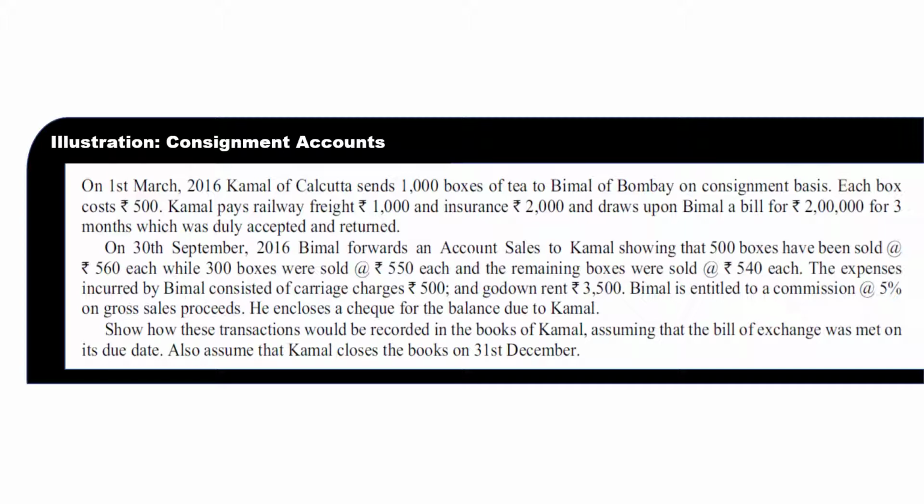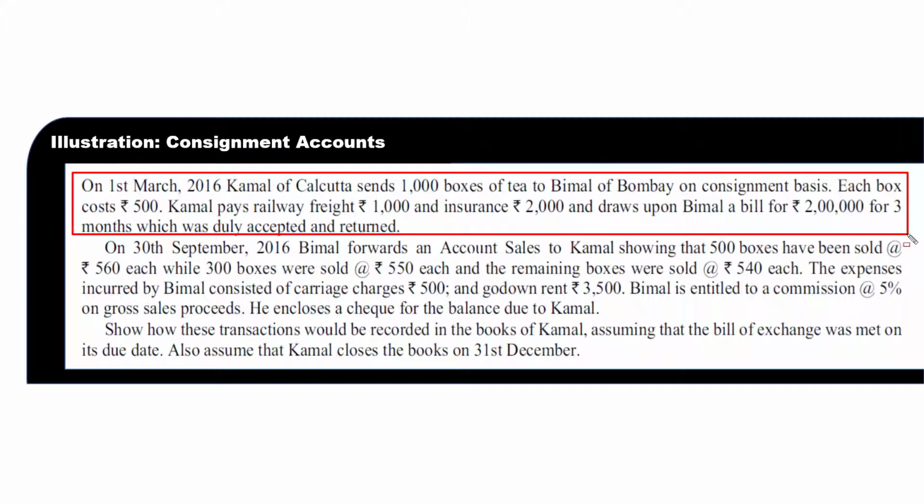Here is a problem of Kamal, who is a consignor, and he is going to sell his product, that is tea, of 1000 boxes of tea to Bimal at Bombay. On 1st March 2016, Kamal of Calcutta sends 1000 boxes of tea to Bimal of Bombay on consignment basis.